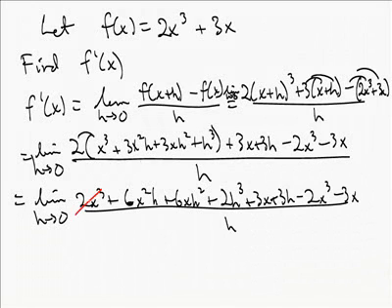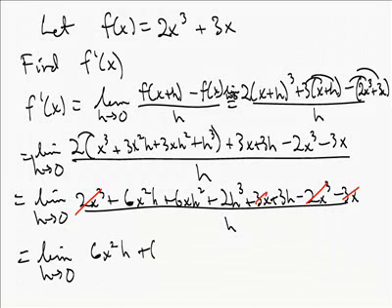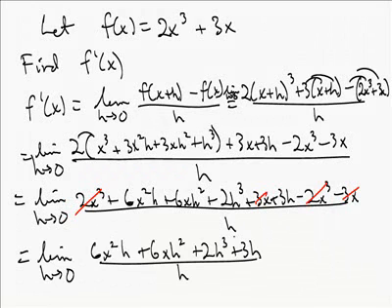Positive 2x cubed, negative 2x cubed. Positive 3x, negative 3x. Everything else has at least one factor of h. So we have the limit as h approaches 0 of 6x squared h plus 6xh squared plus 2h cubed plus 3h, all divided by h.